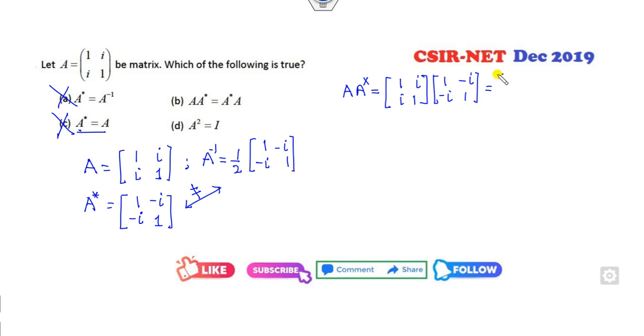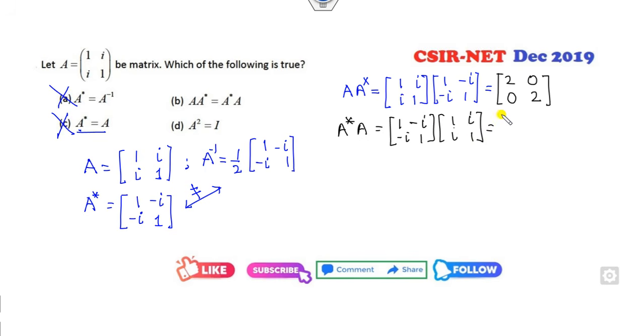So it will be 1 plus 1, 2, minus iota plus iota, plus iota minus iota, 1 plus 1, 2. Fine. Similarly, A star of A: 1, minus iota, 1, 1, iota, 1, 1 plus 1, 0, 0, 2. Yes, this option is the correct option.